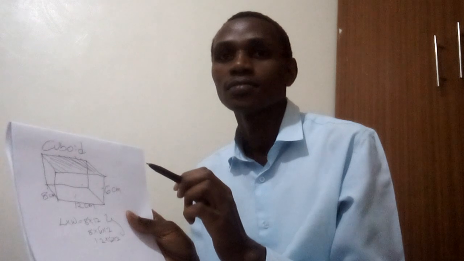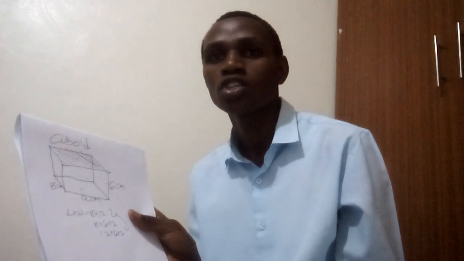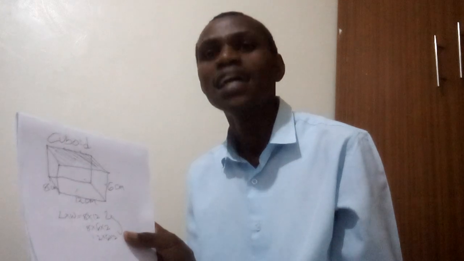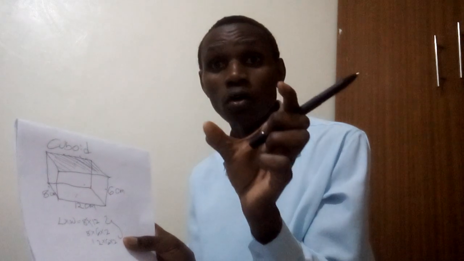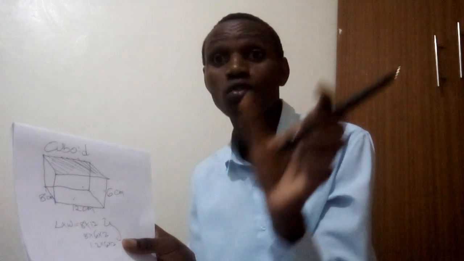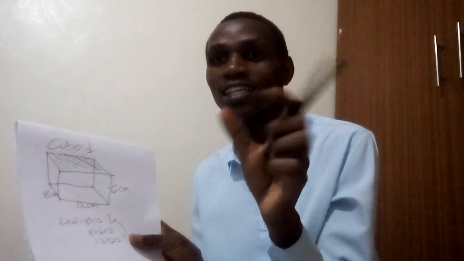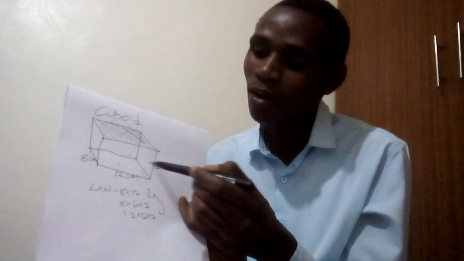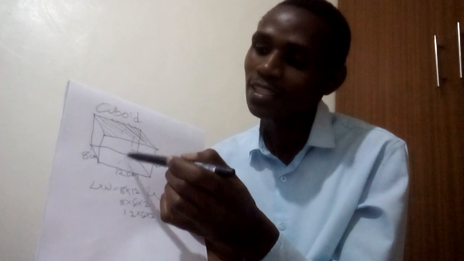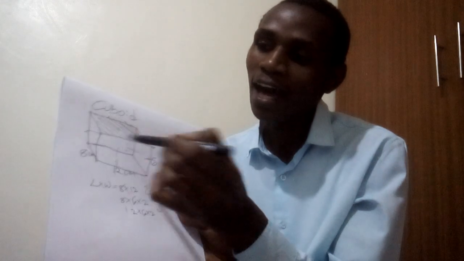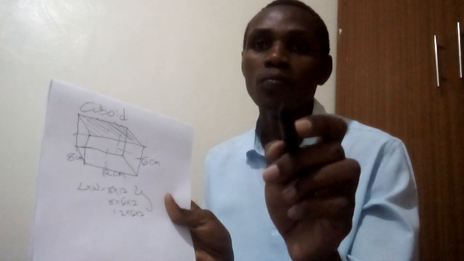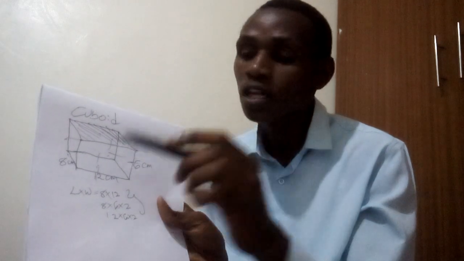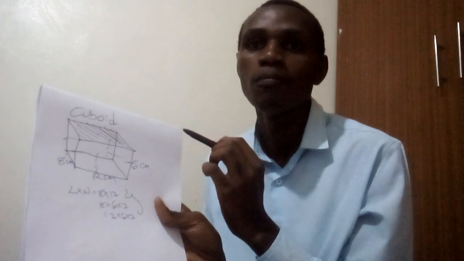Then there is also another shape called cube. A cube, I've said, it's a box with all the sides equal. So that makes it very easy. Its shape is like this, but all these sides are equal. So the measurements will be all equal.